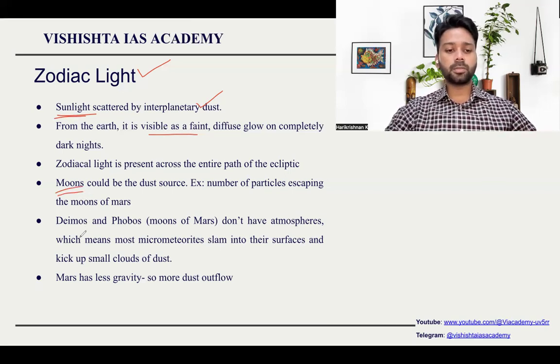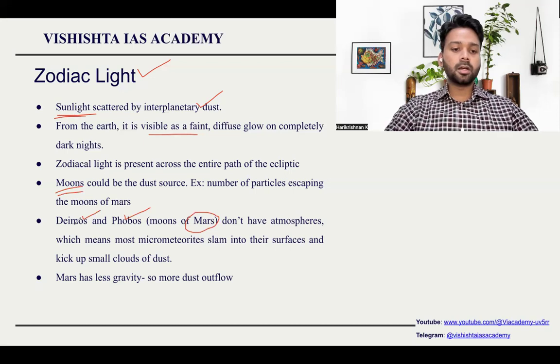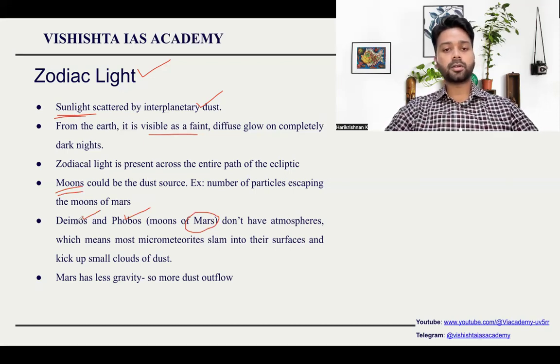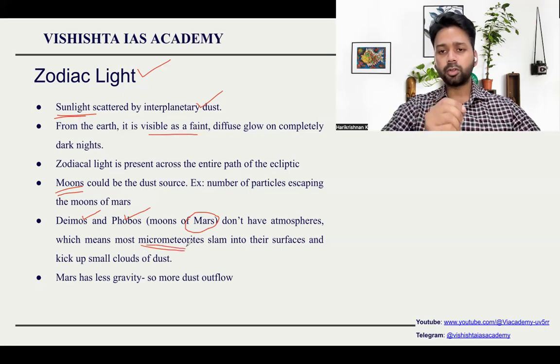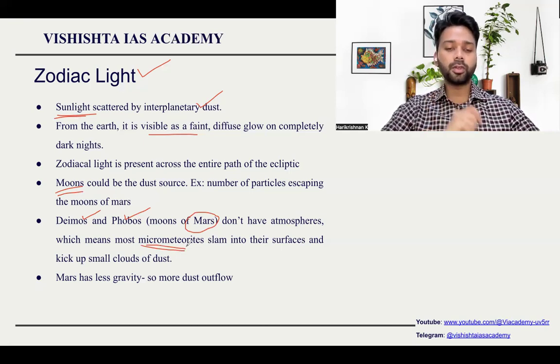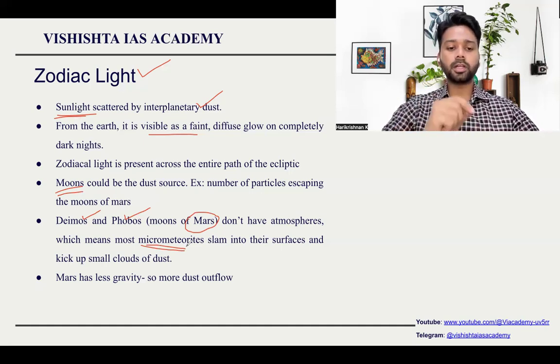For example, let's take Mars. Mars has two moons, Deimos and Phobos, revolving around it, and there are a lot of micrometeorites. Micrometeorites are small rocky particles revolving around the sun in space. At a certain point, these micrometeorites fall onto the moon's surface.